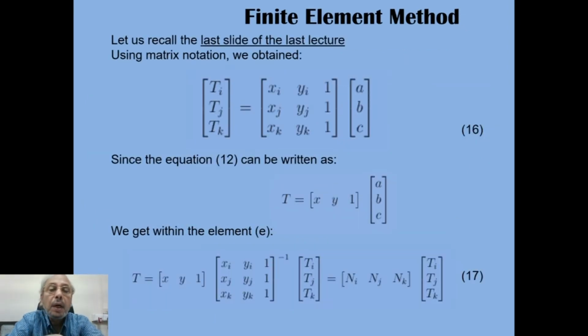Now, again, also recapitulate how we defined temperature at three vertices of the triangle, Ti, Tj, Tk.